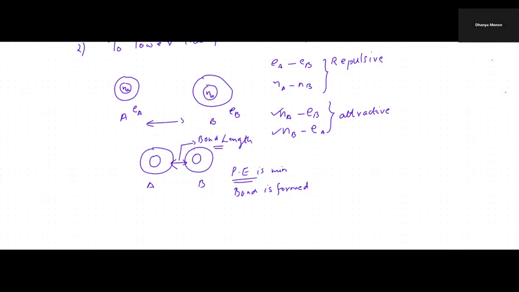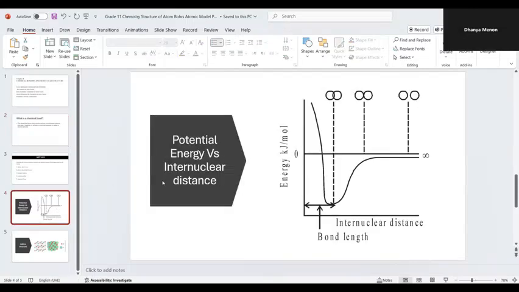So I'll just demonstrate with a graph that is there in your NCERT book. Just share the PowerPoint. So this diagram you must have seen in your NCERT book.